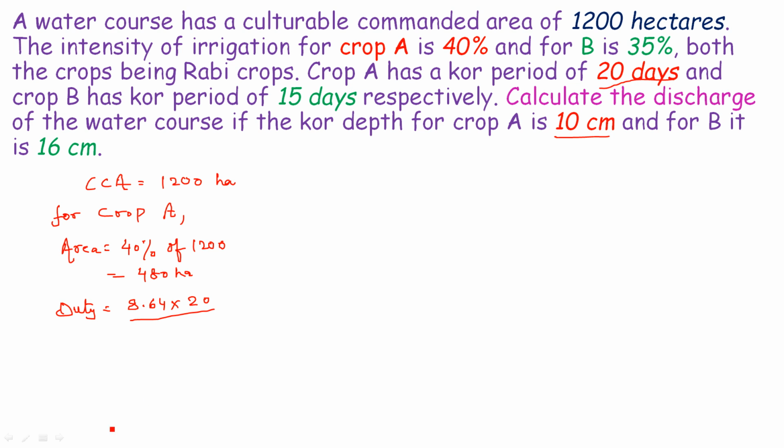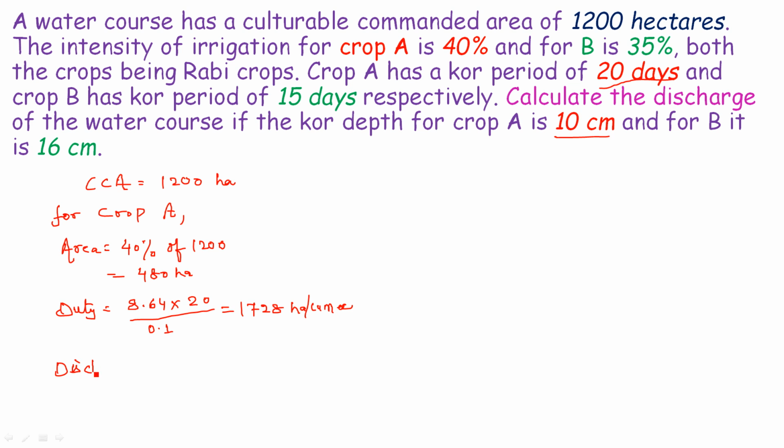So 8.64 into 20 divided by 0.1 will give you the duty. So duty will be 1728 hectare per cubic.